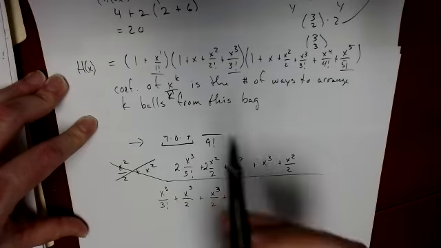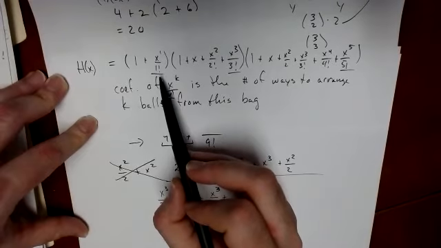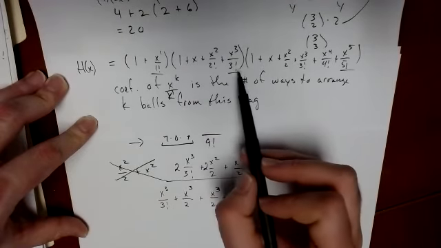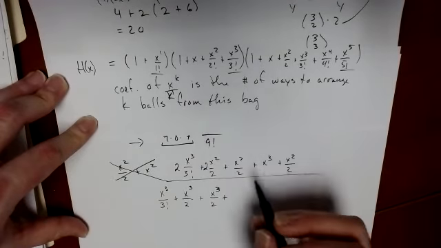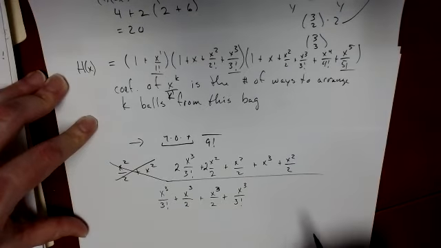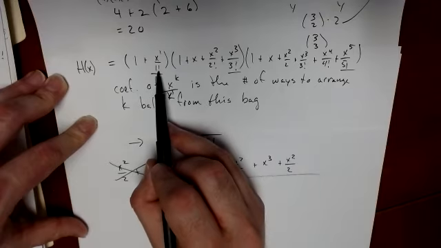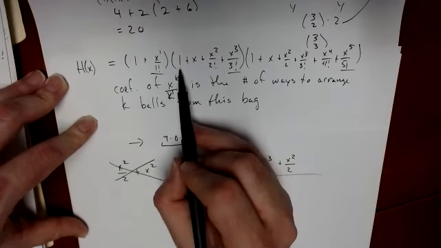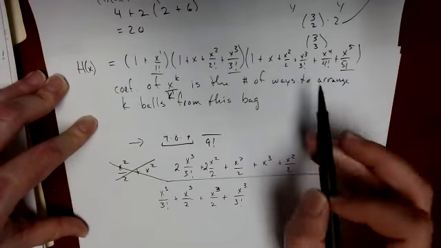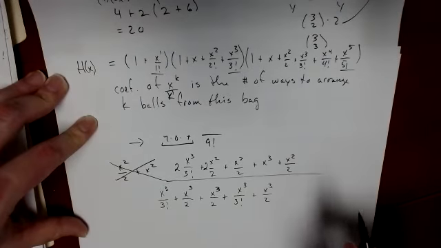And then let's see. 1 times x cubed over 3 factorial times 1. So that'd be x cubed over 3 factorial. There's another one of those. Now, if I start with this one as an x, then times 1 times x squared over 2, that'll be x cubed over 2.